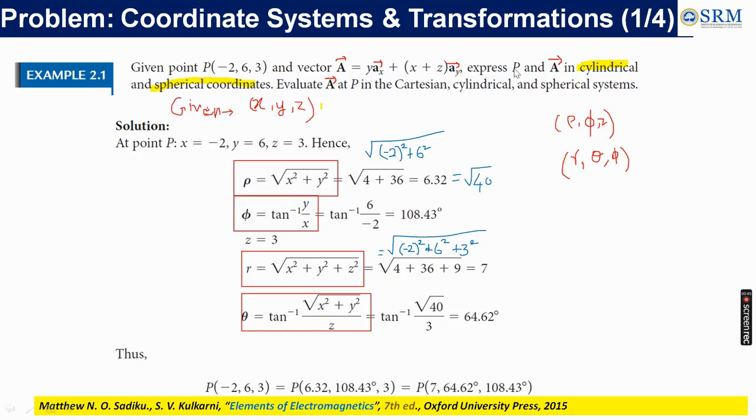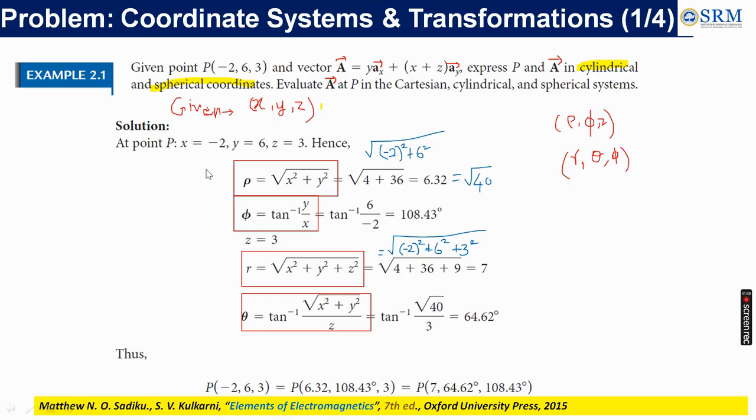So the first task is to find the coordinate points in cylindrical, rho, phi, z, and spherical, r, theta and phi, and we have to find the vector also in those same coordinates, and finally we have to evaluate the resultant vector at the point P in all three coordinate systems. So let us start by finding the points in the other two coordinates, then we find the vector.